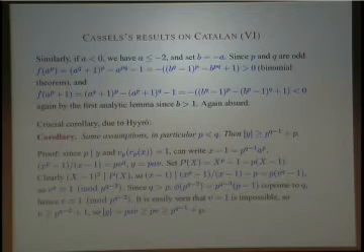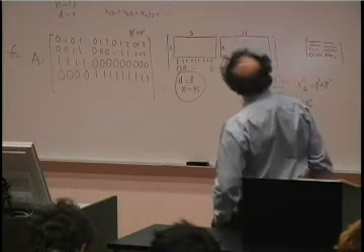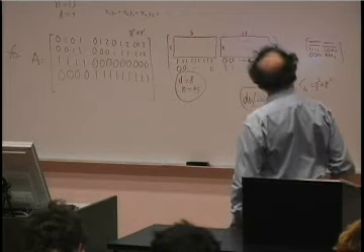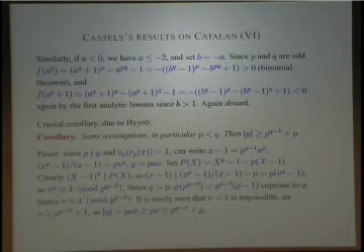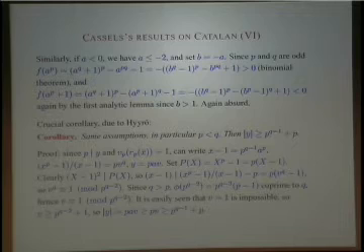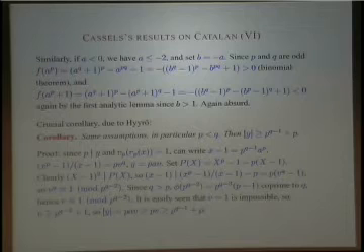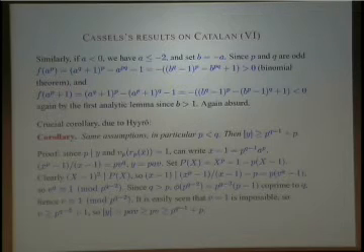That's an immediate consequence. So let capital P of x be this polynomial, x to the p minus 1 minus p times x minus 1. It's clear that x minus 1 squared divides P of x. You just compute P of 1 and P prime of 1. And from this, we deduce that x minus 1 divides this quantity, which I wrote, x to the p minus 1 divided by x minus 1 minus p.